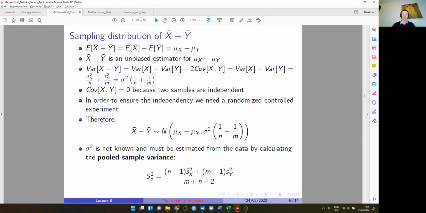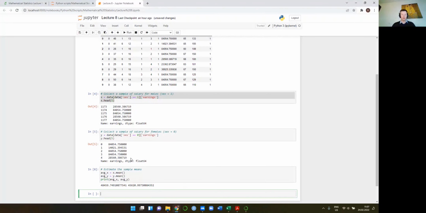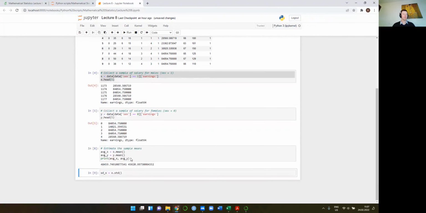So let's calculate the standard deviation of x and y. So SDX is going to be x std, right? As long as I'm not making a mistake. And SDY, well, we want variances, right?